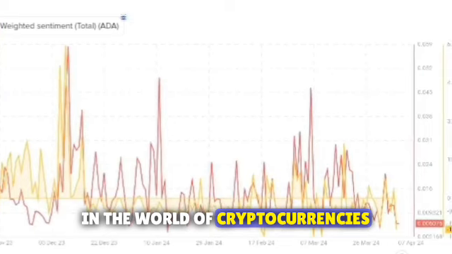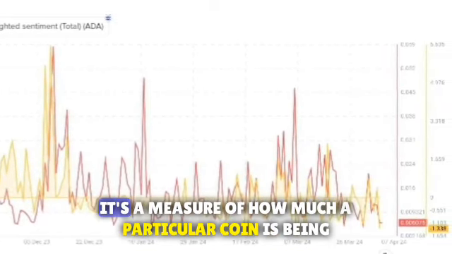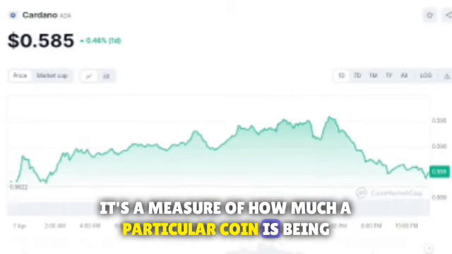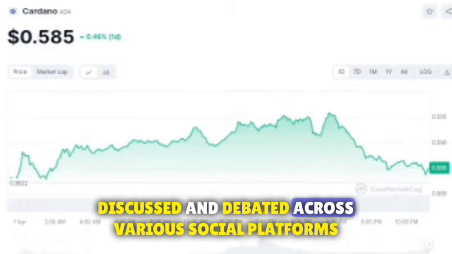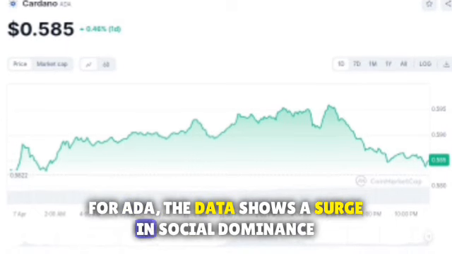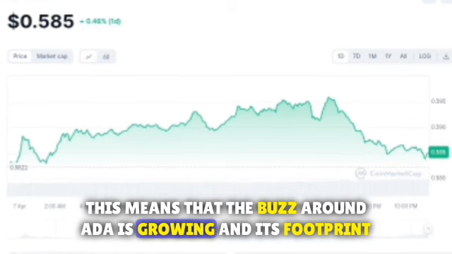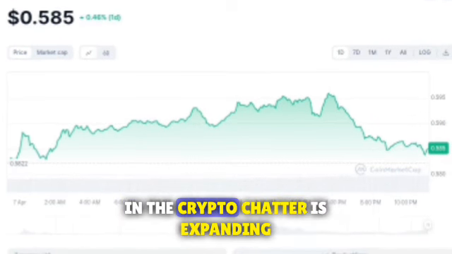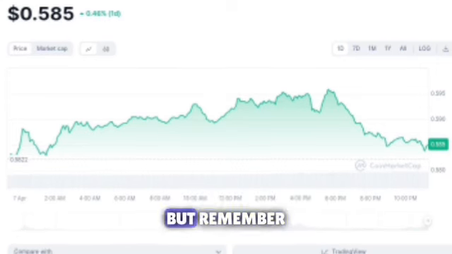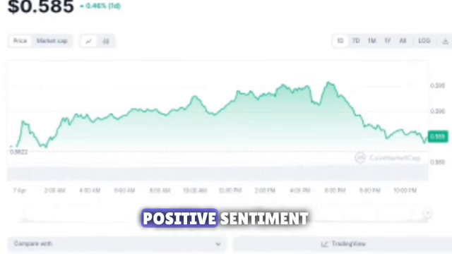In the world of cryptocurrencies, social dominance is a barometer of interest and engagement. It's a measure of how much a particular coin is being discussed and debated across various social platforms. For ADA, the data shows a surge in social dominance. This means that the buzz around ADA is growing, and its footprint in the crypto chatter is expanding. But remember, increased social dominance doesn't always equate to a positive sentiment.